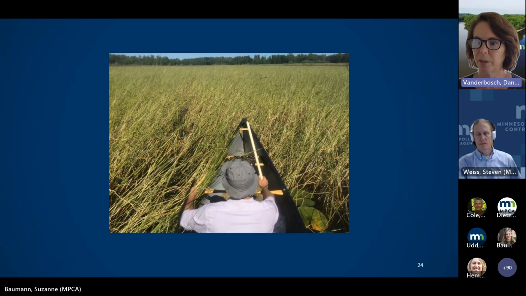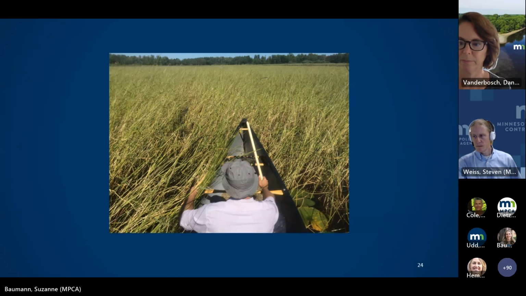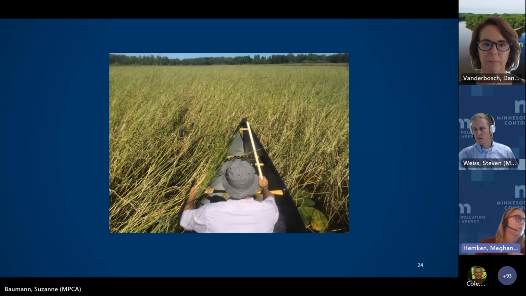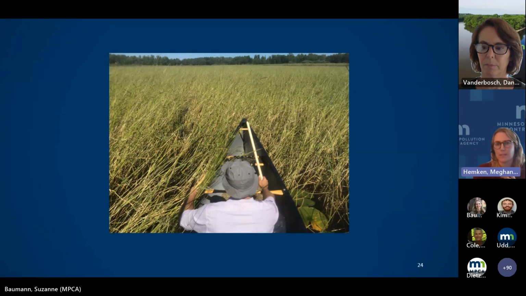And Mark is asking, can you further discuss the other confounding factors related to site-specific standards? That might be a question from Megan. Yeah. So what we're trying to get at there is we understand that there are a number of environmental factors, changes that can impact wild rice's presence in a single year.